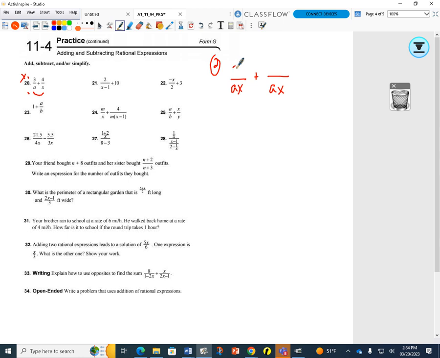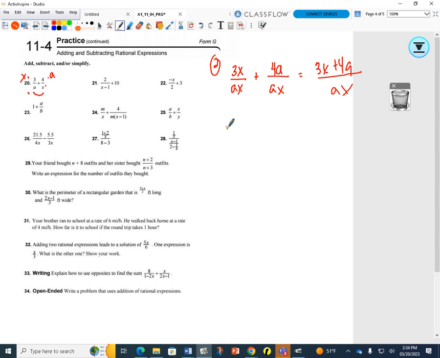So that's 3x. Multiply this denominator by a, so I'm going to multiply the numerator by a. So that's going to be 4a. So our final expression would be 3x plus 4a all over ax.